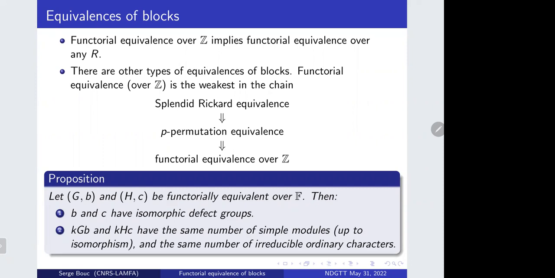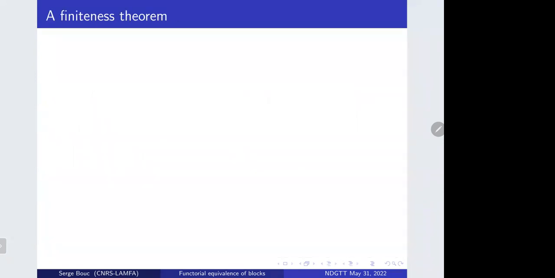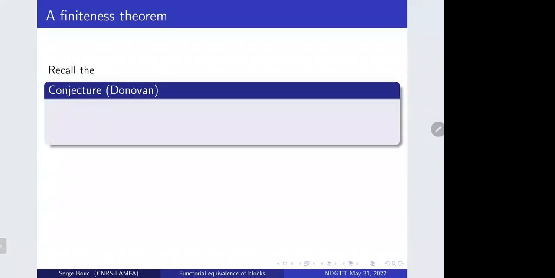So I would like now to finish with a finiteness theorem, which is inspired by an important conjecture in block theory, which is Donovan's finiteness conjecture. And it goes as follows.